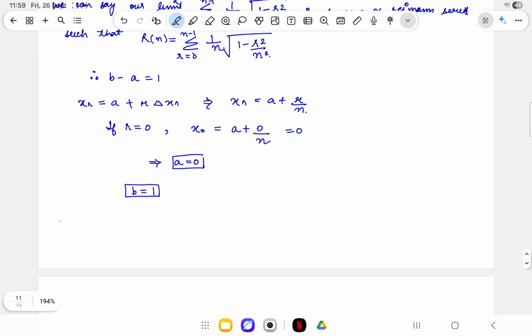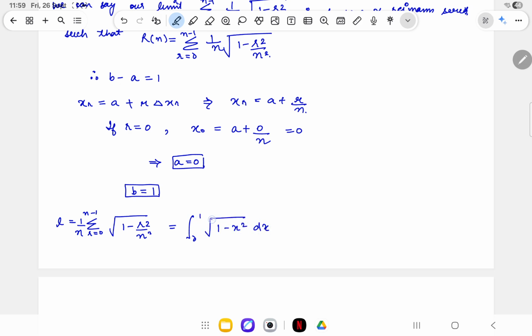So that will give me this limit, that is L is equal to 1 by n summation r equals 0 to n minus 1 under root 1 minus r square by n square. So using the definition of Riemann sum, we'll get it as integration 0 to 1 under root 1 minus x square dx.